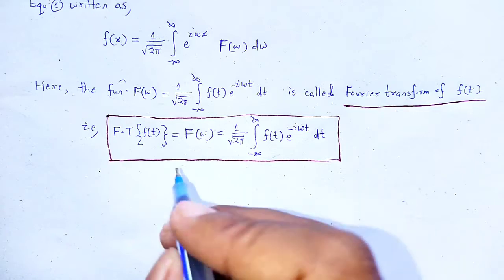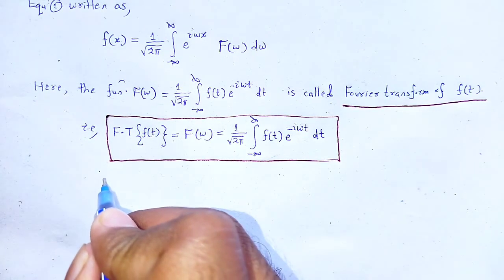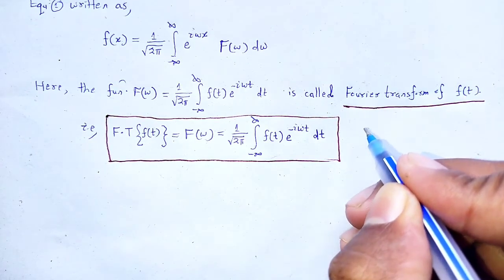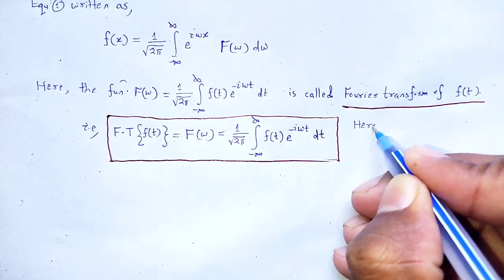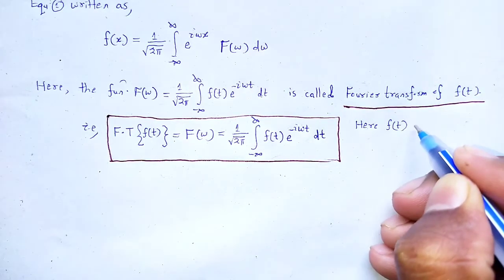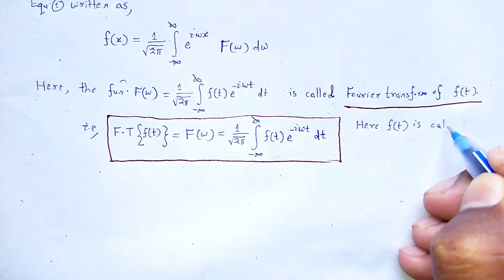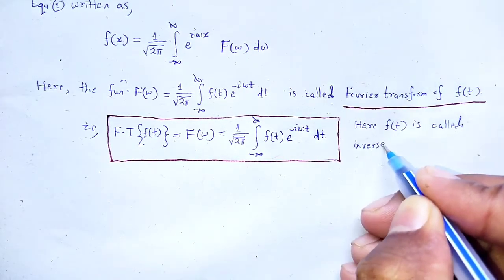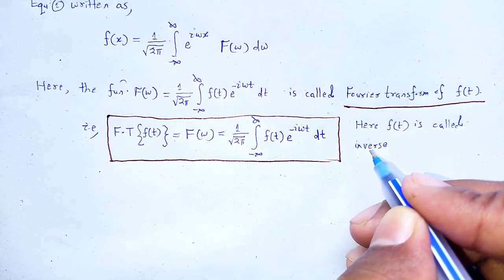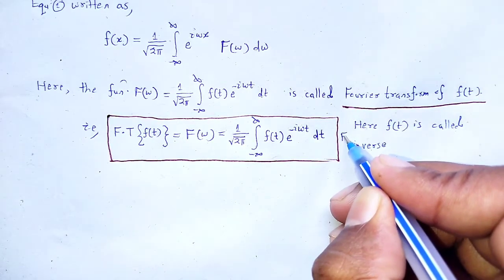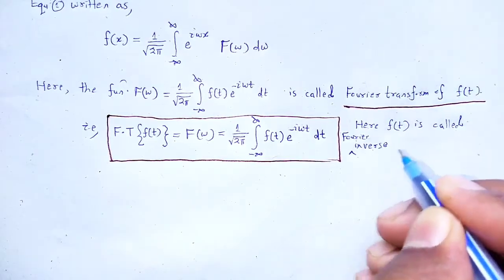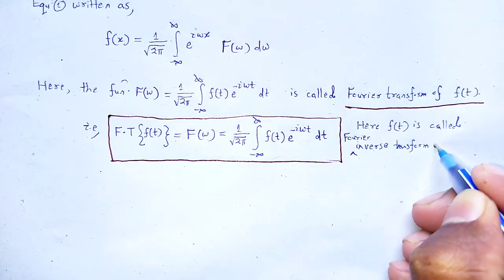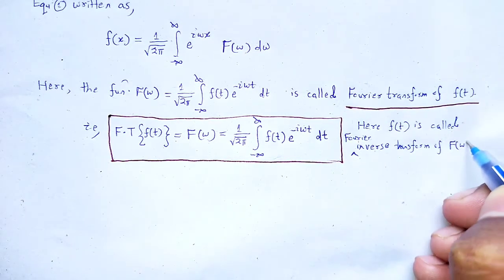Here f of t is called the Fourier inverse transform of F of omega.